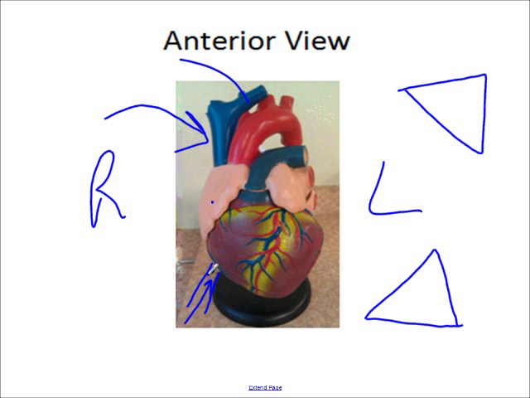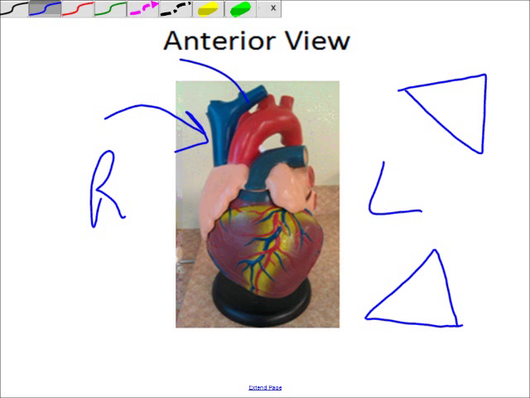Now let's take a look at these two here for a second, the pulmonary trunk and the aorta. Both of these are what I like to call great arteries because they're big arteries. Both ascend up and away from the heart, except the direction the blood is going is a little different.